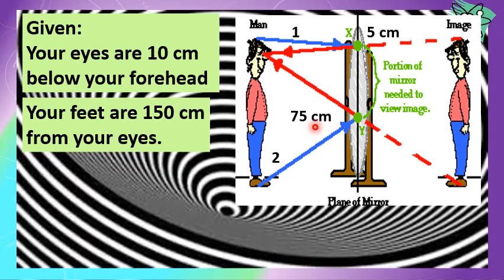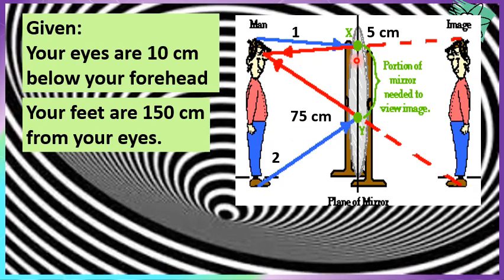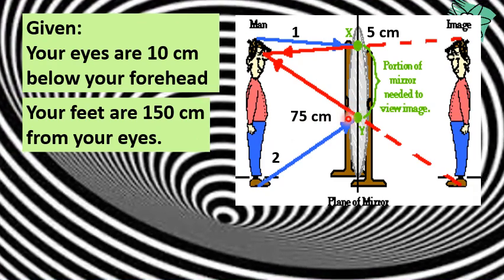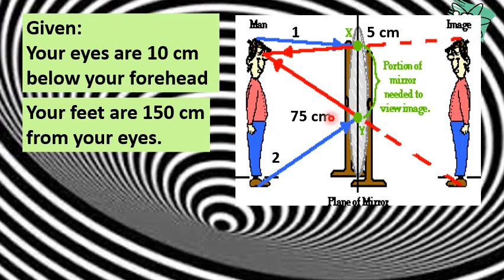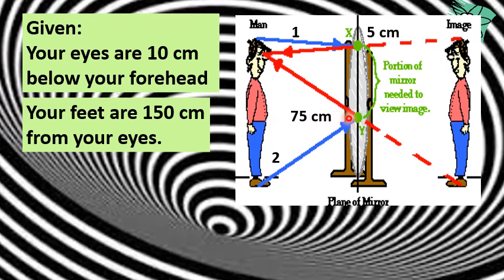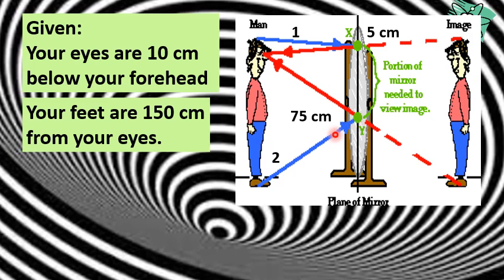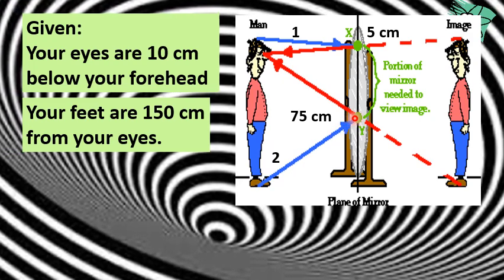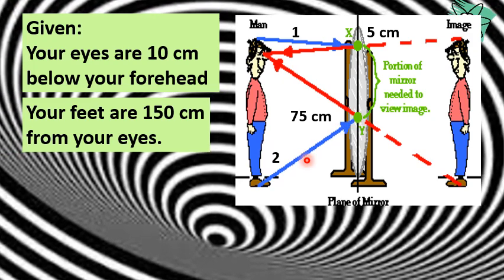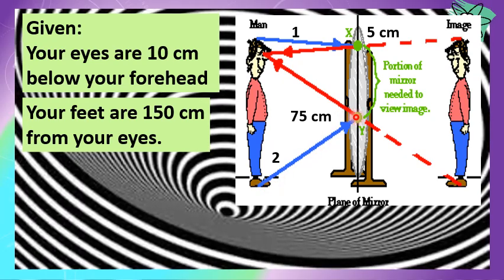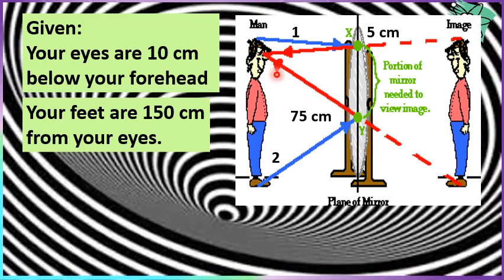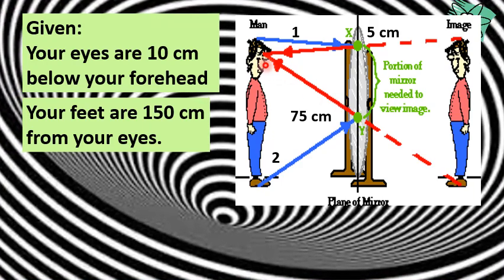So again, applying the law of reflection, angle of incidence equals angle of reflection, when reflected, the reflected ray for this incident ray number 2 is of course exactly towards your eyes.